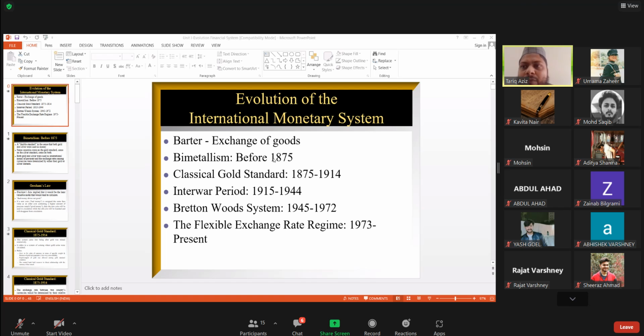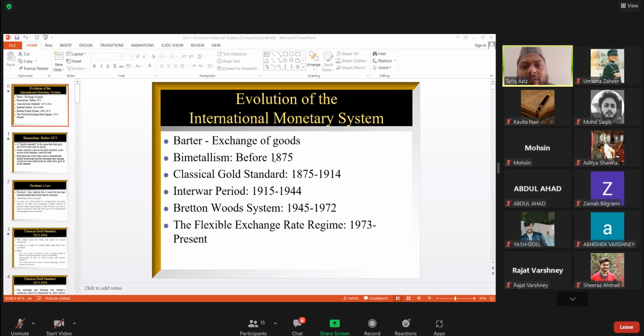Right now we have country level monetary system. Similarly, we have international and global level monetary system. We have World Bank, we have IMF, International Monetary Fund, and there are other financial agencies at the world level.